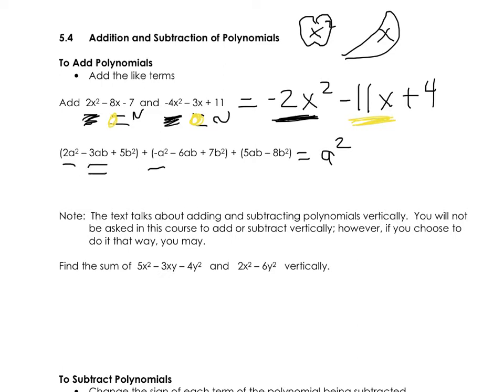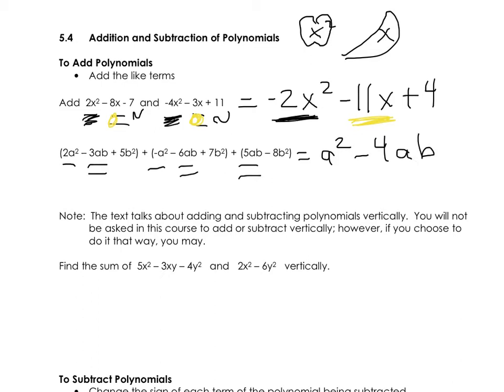What about minus 3ab? Is there another ab? There's one. And there's one. So we have minus 3 of them, minus 6 of them, that gives us minus 9, plus 5 gives us minus 4ab.